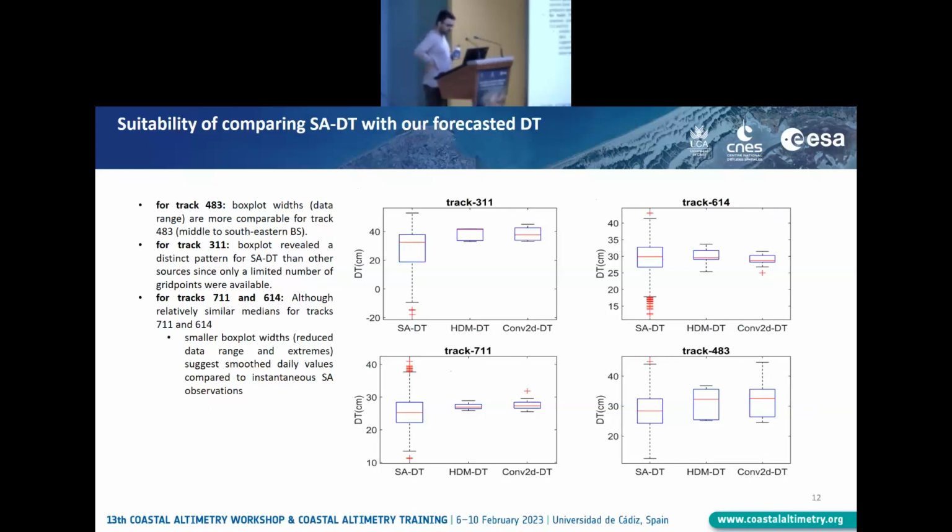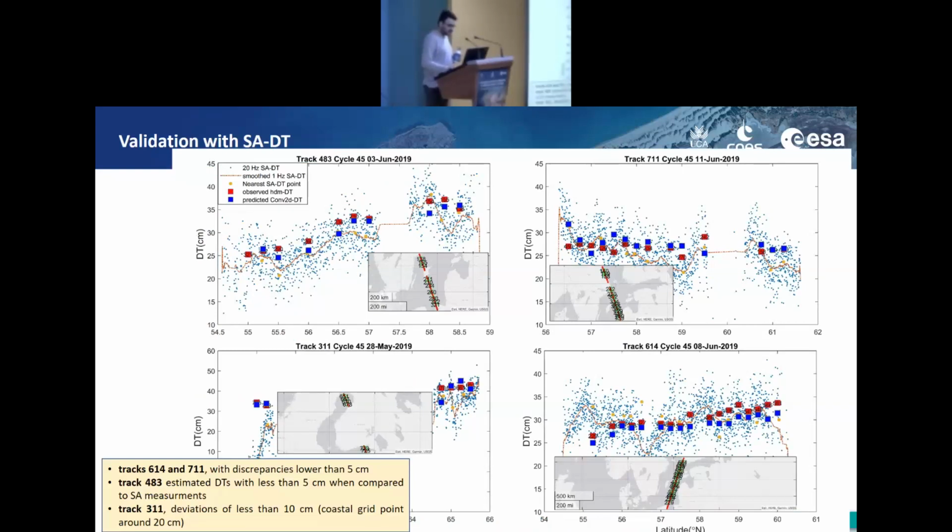As you can see, for track 483 we have more comparable values between the satellite measurements and our proposed model. This track encompasses the middle to southeastern Baltic Sea. Also for track 311, we see a distinct pattern between the data sources, but if we go to the previous slide, we can see that this track has a limited number of grid points.